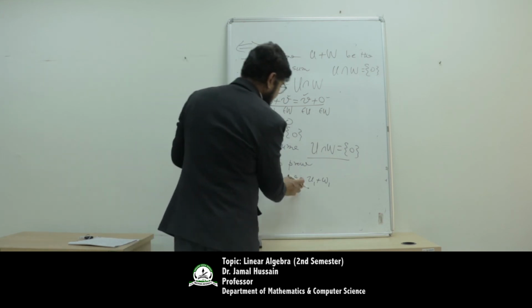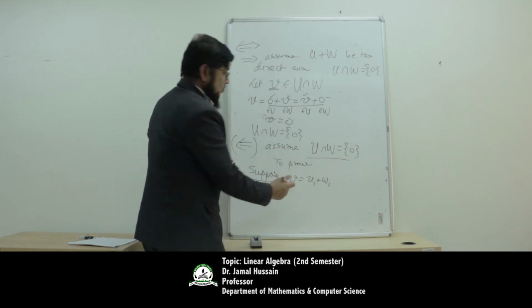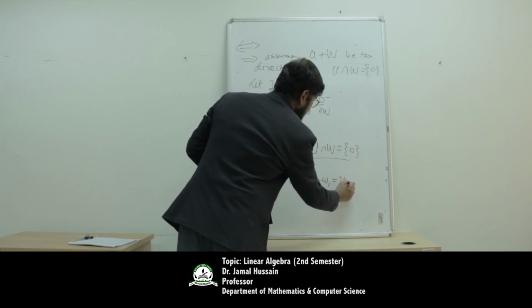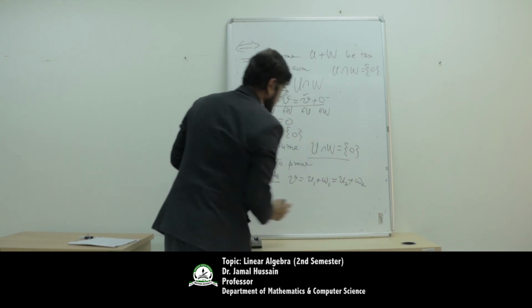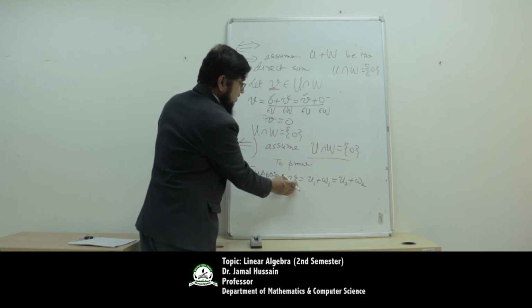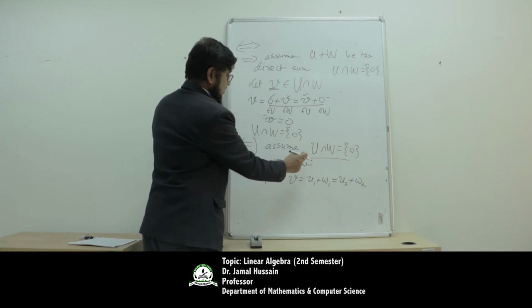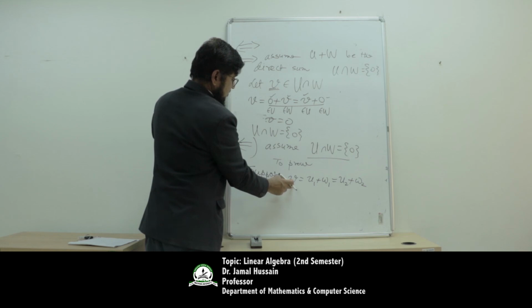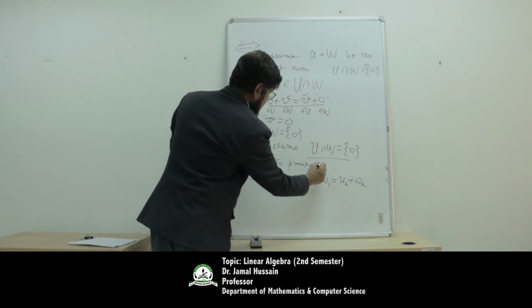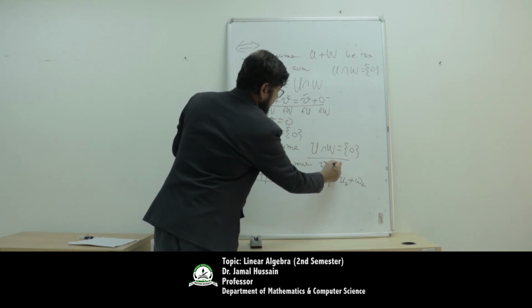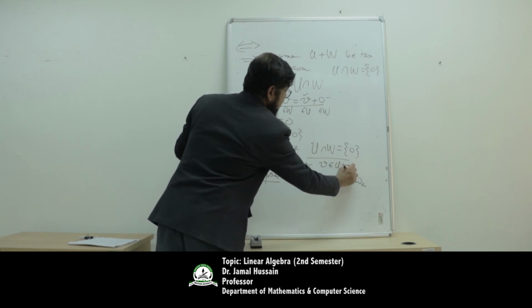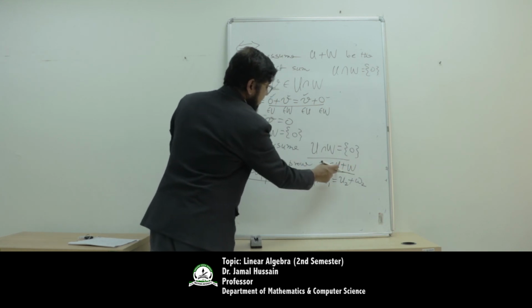Okay, this V can be written in two ways. So U2 plus W2. We are writing the same element, V belongs to U plus W. Okay, this is an element here.